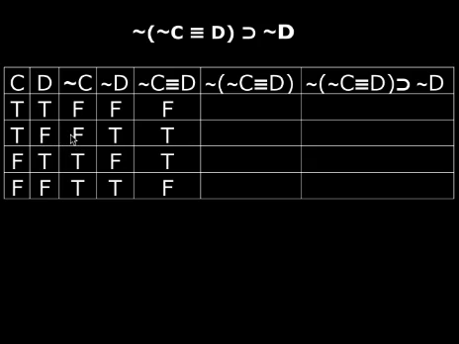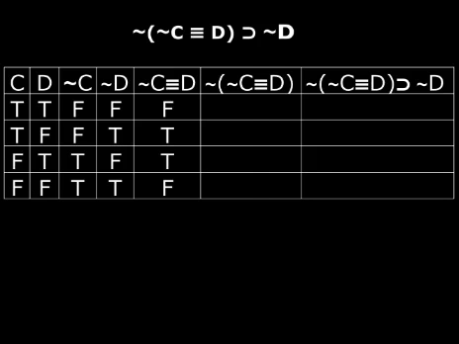Well, they have the same truth value on 2 and 3. Here they're both false, that's the same. Here they're both true, that's the same. On 1 and 4, they're different. Okay, so they're true on 2 and 3 because the inputs have the same truth value. False on 1 and 4 because on 1 and 4 they have different truth values.